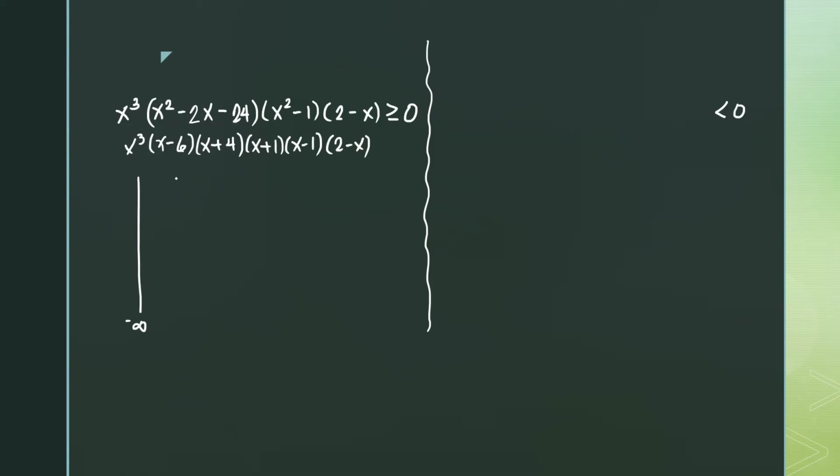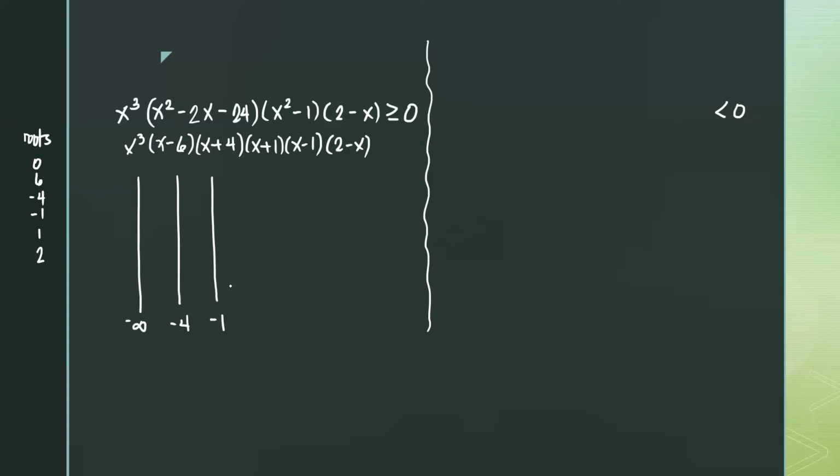So the first one is negative 4. Some of you might want to write the roots. So what are the roots here? 0, 6, -4, -1, +1, and 2. So that you can easily look at it when you're arranging the numbers in order.